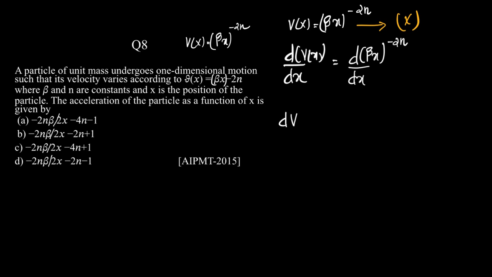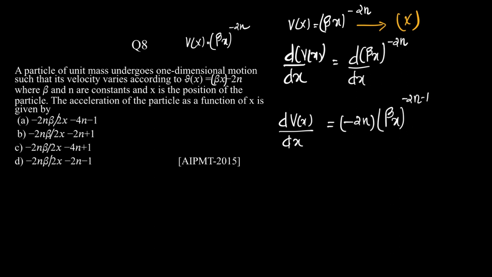Now, dv of x by dx, which is d by dx of (beta x) to the power minus 2n, will be equal to minus 2n into (beta x) to the power minus 2n minus 1.